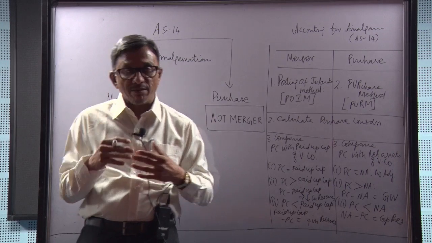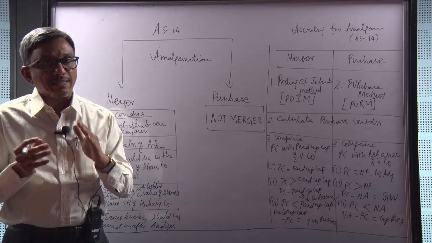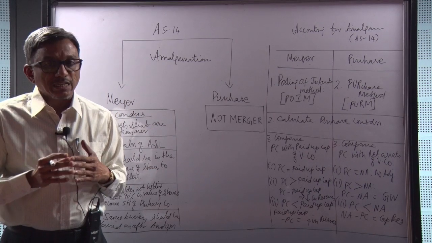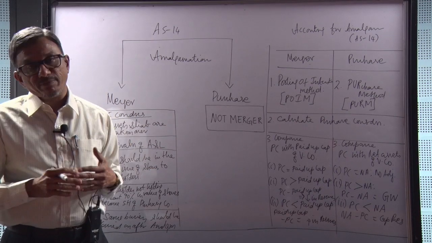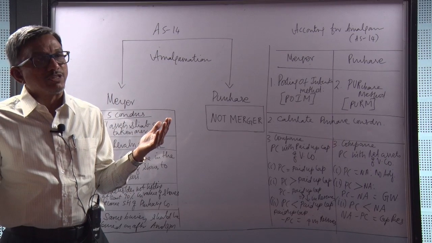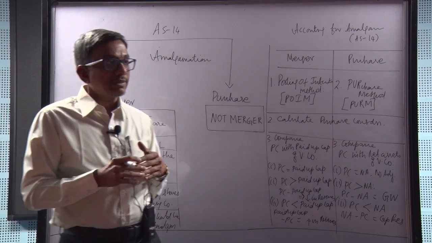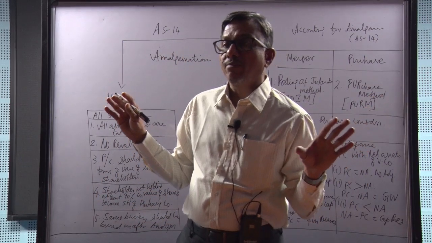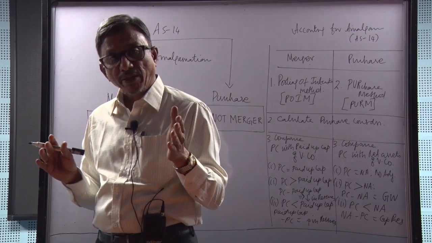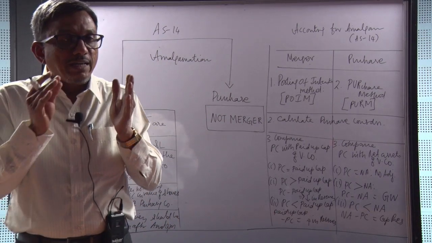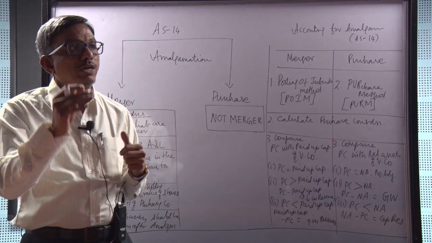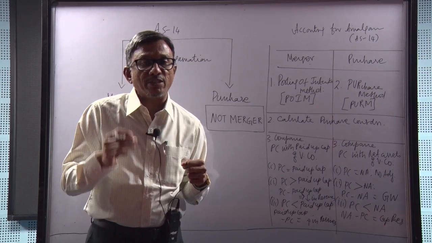In case of merger, all the reserves other than general reserve will be brought into the books of the purchasing company. General reserve will be subject to adjustment depending upon the difference between the consideration and the paid up capital. Whereas in the case of purchase, no reserves of the vendor company will be brought into the books of the purchasing company. Only if there are any statutory reserves, that only should be brought into the books of the purchasing company.